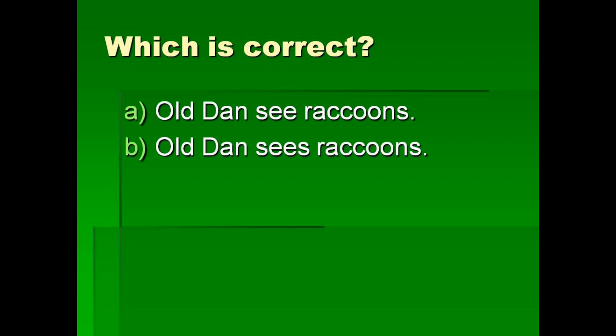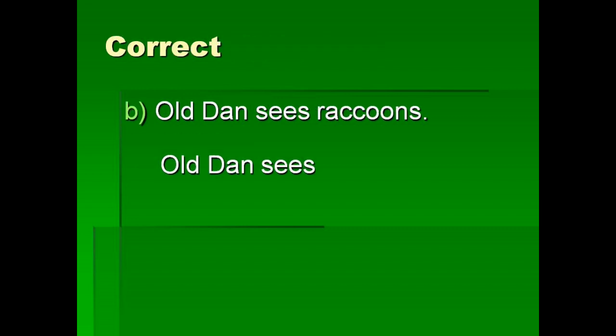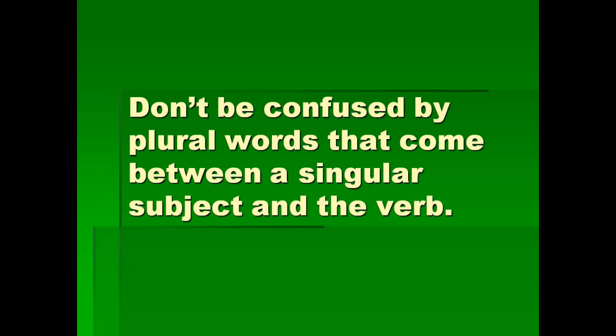Which is the correct sentence according to the subject-verb agreement rule? Very good. The teacher sees, Old Dan sees, because we have a singular subject taking a singular verb.